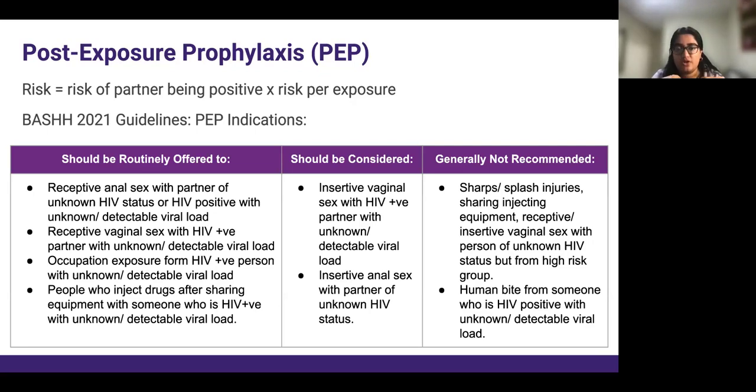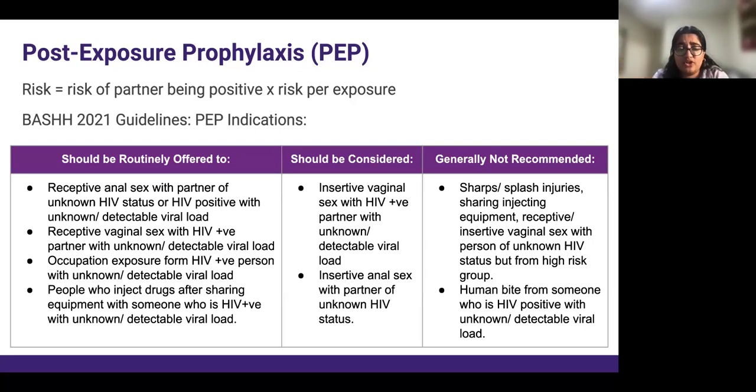in certain scenarios. It should be routinely offered if they are receiving anal sex with a partner of an unknown HIV status, or the partner's HIV positive with an unknown viral load. If they're receiving vaginal sex of someone who's HIV positive and their viral load is not known.